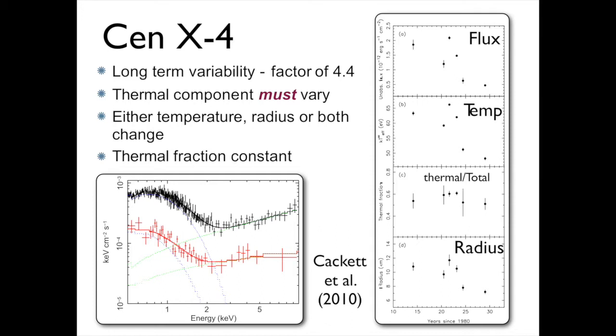It looks like it's just a normalization offset, and that's exactly what the spectral fitting shows too. That the amount of flux that's in the black body thermal component is exactly the same in the faint state and the bright state. And so this tells you that those two components are linked together, right? The power law component and the black body component are linked somehow. And it seems to be, the best guess is that it's driven by accretion onto the surface.